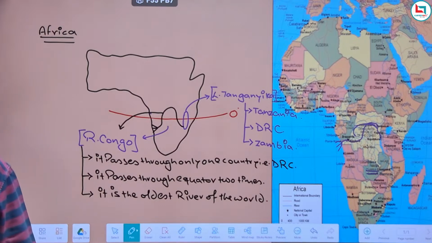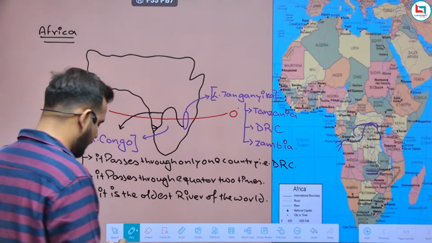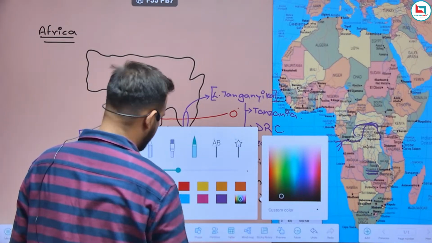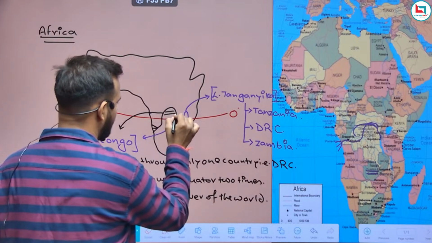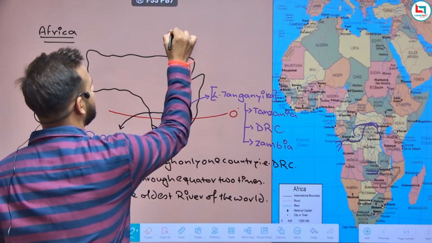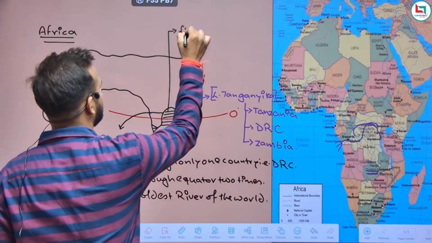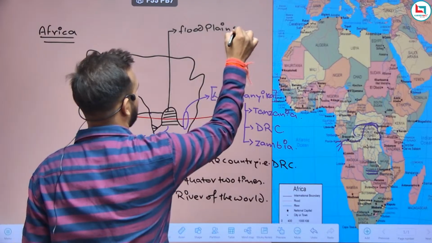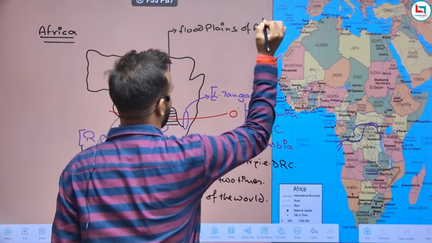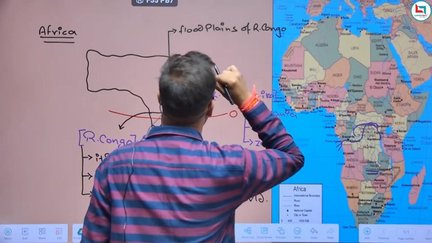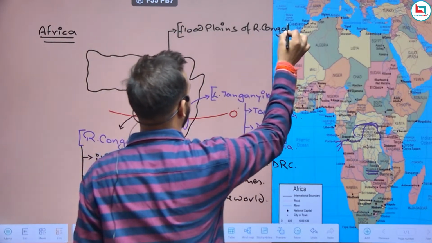Now when we look at the floodplains, the river Congo forms its floodplains in the Democratic Republic of Congo. Here, all the way, this river forms its floodplains. Remember, guys, these are the floodplains of the river Congo.